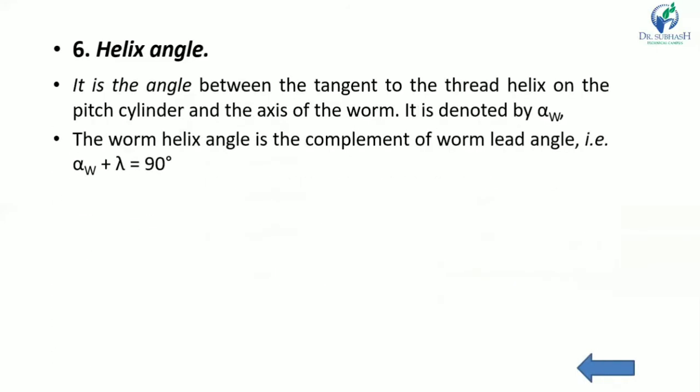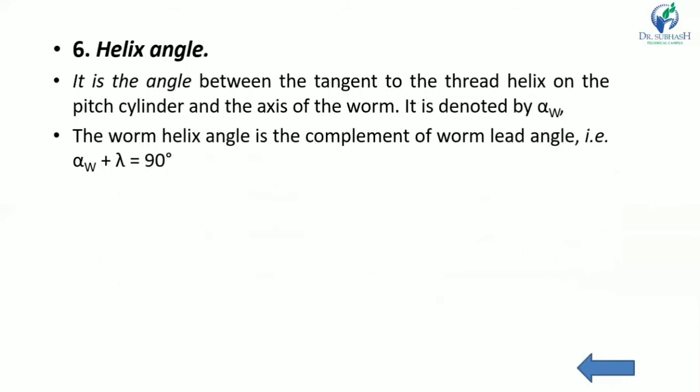Now next one is the helix angle. It is the angle between the tangent to the thread helix on the pitch cylinder and the axis of the worm, and it is denoted by alpha W. So the worm helix angle is the complement of the worm lead angle.